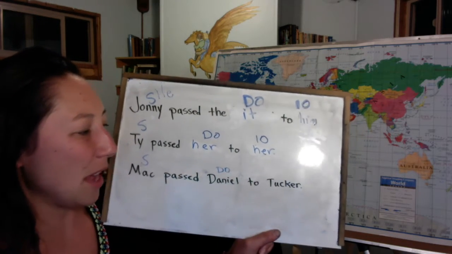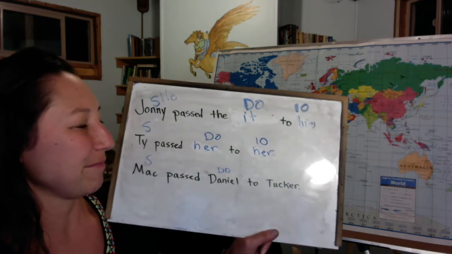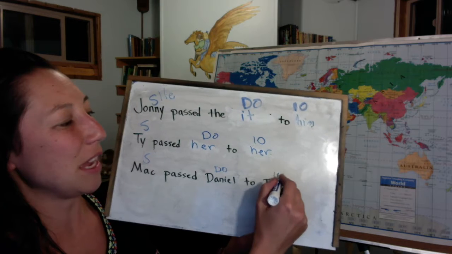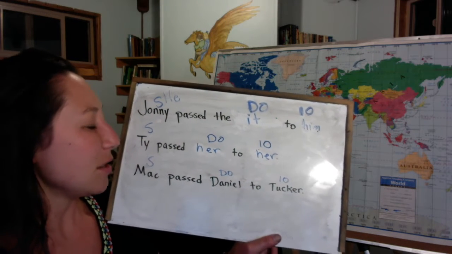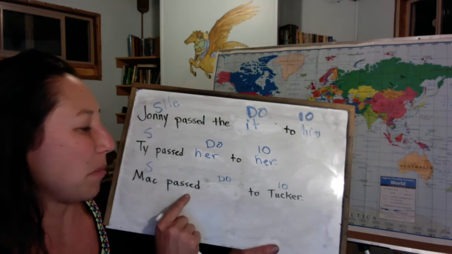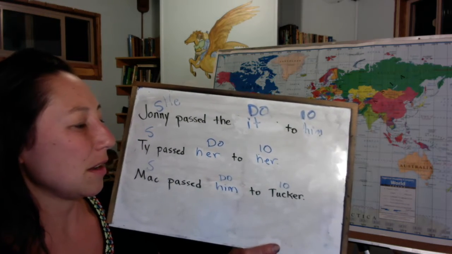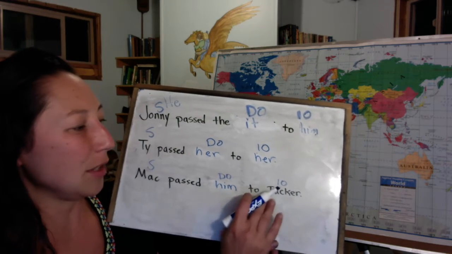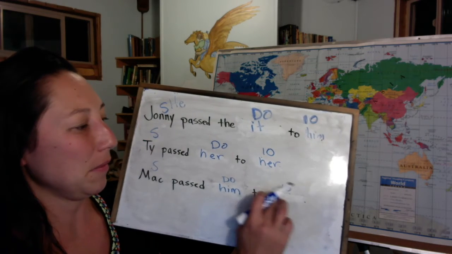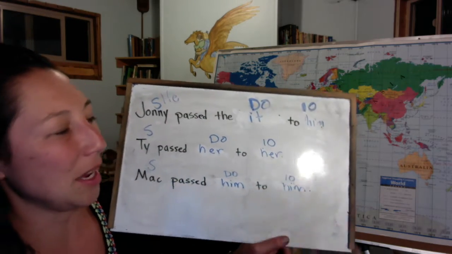To whom did he pass Daniel? Tucker. Tucker is my indirect object. So if I wanted to replace them with pronouns, Mac passed him to Tucker. Mac passed Daniel to him. So I have Mac passed him to him.